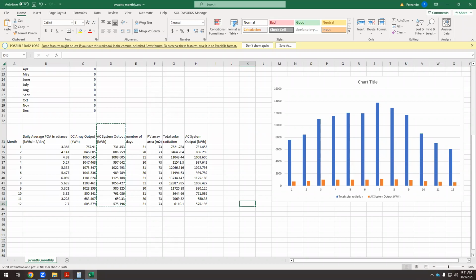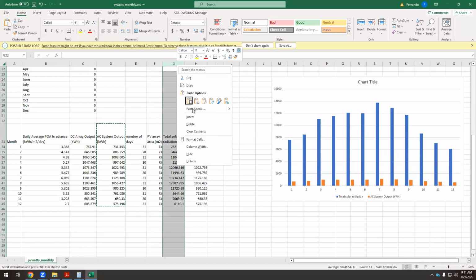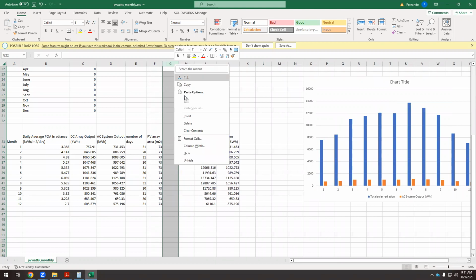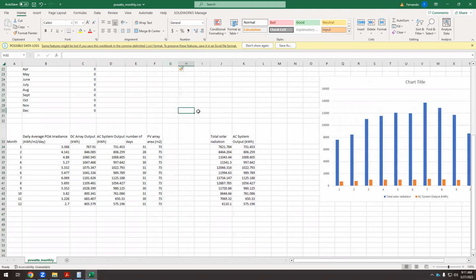How can we do that? I'm going to insert here different columns. Okay, and now I need here a different, let's say, energy consumption.